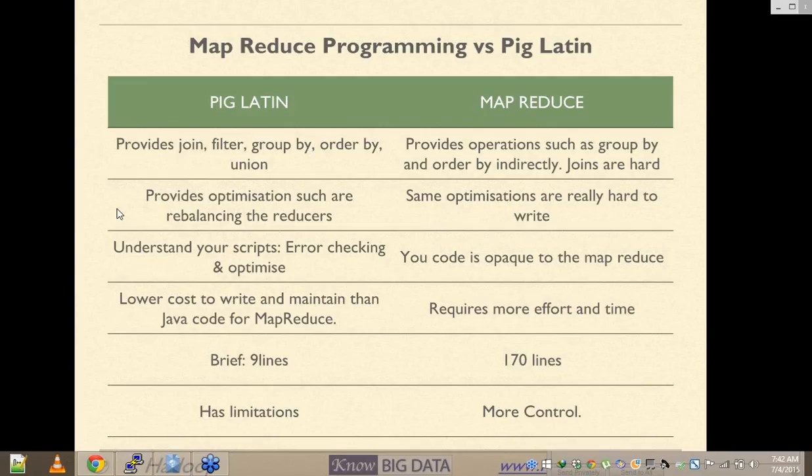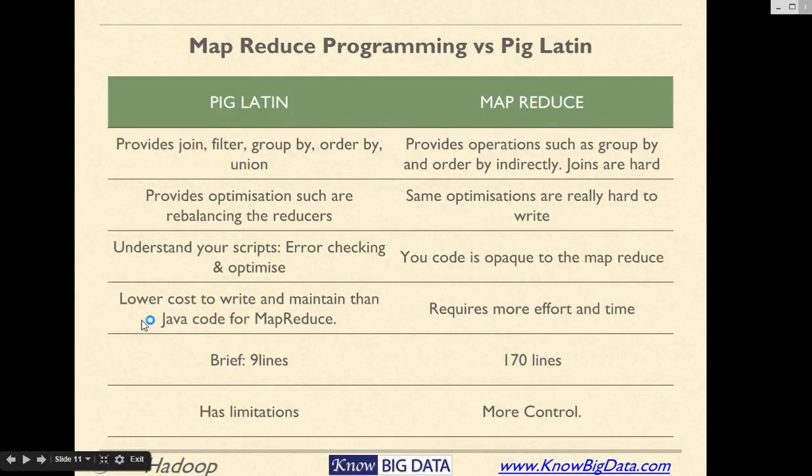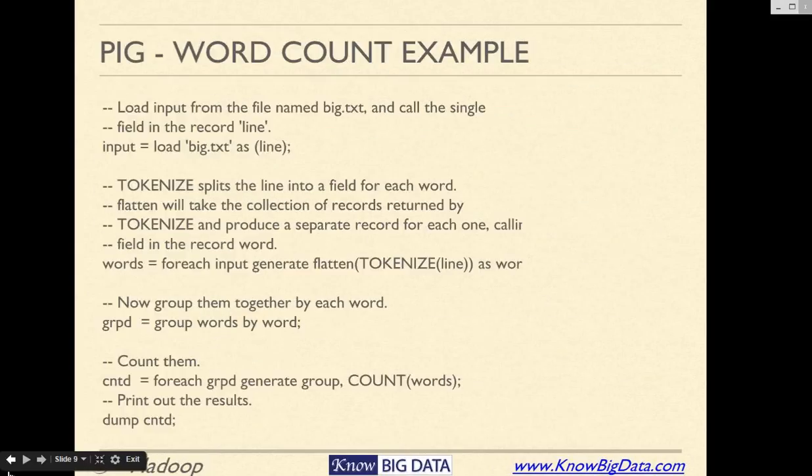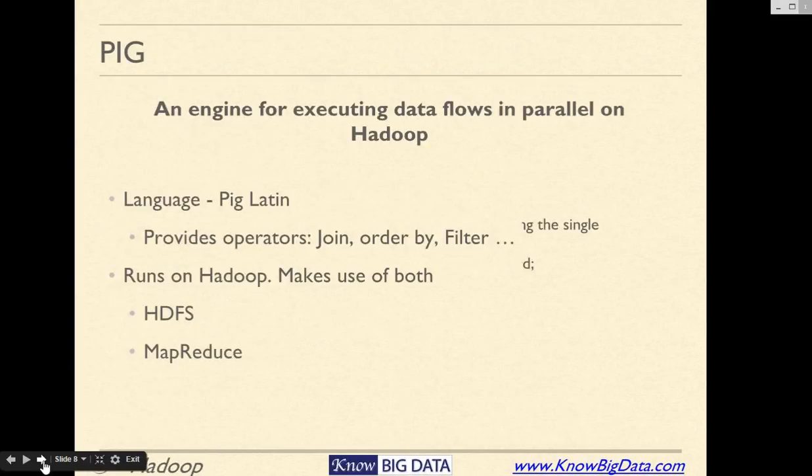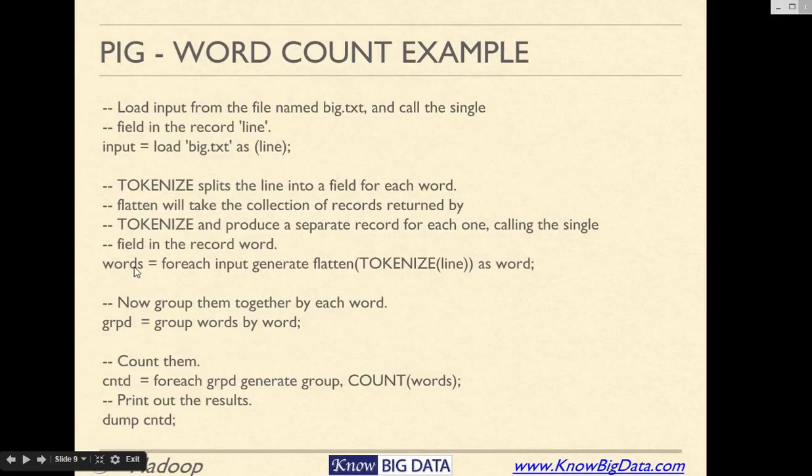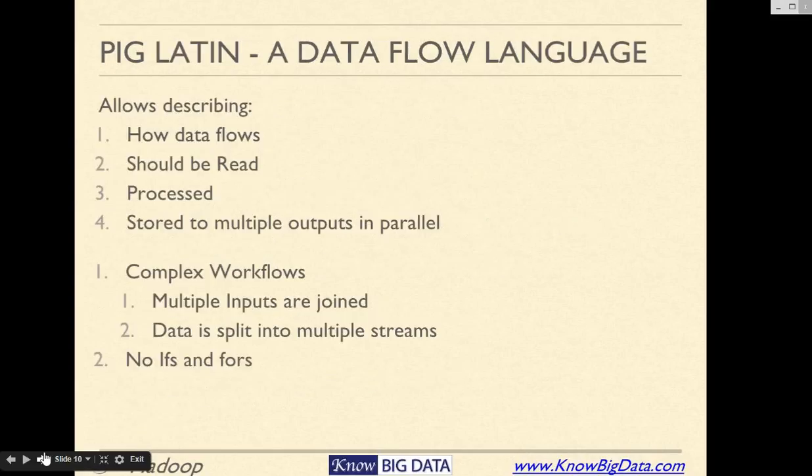As soon as you say, as in the previous example, grpd equals group words by word, if this variable words is not available, it's going to throw you an error up front, right?